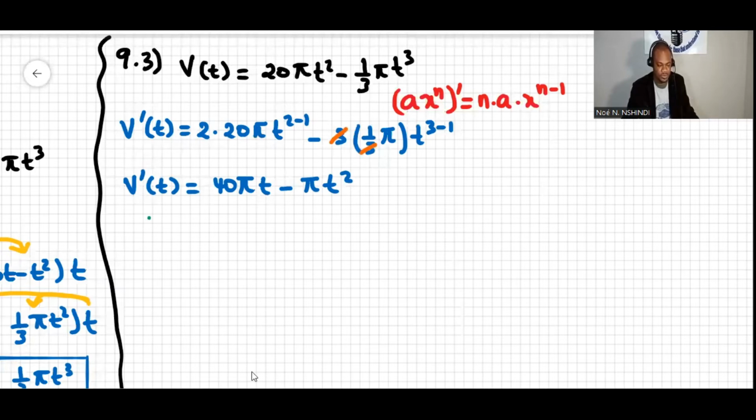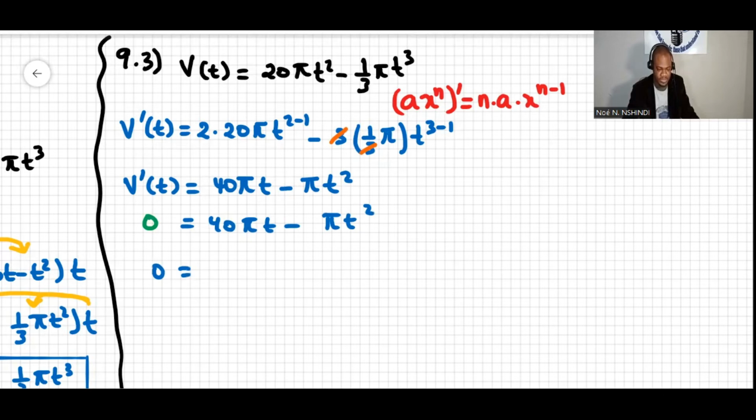And then this must be set equal to 0, because V prime is 0. So we have 0 equal to 40 pi t minus pi t squared. Let's just factorize.